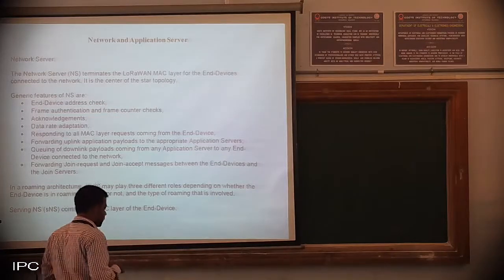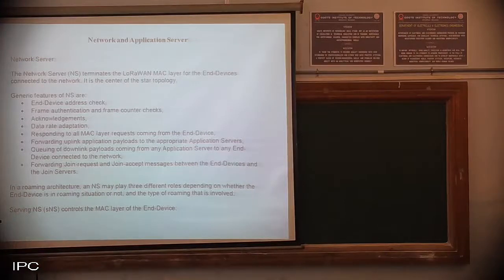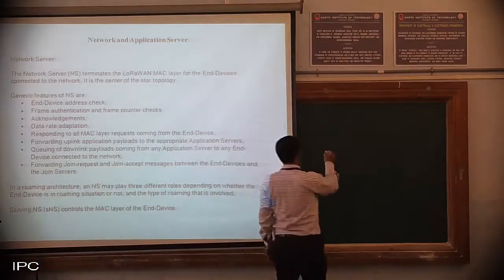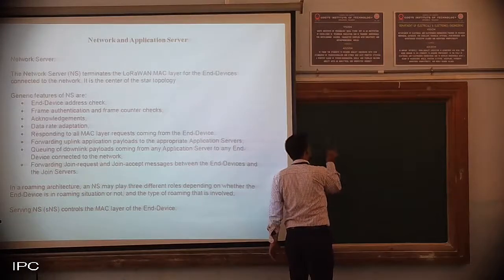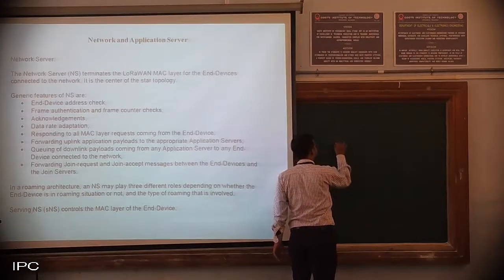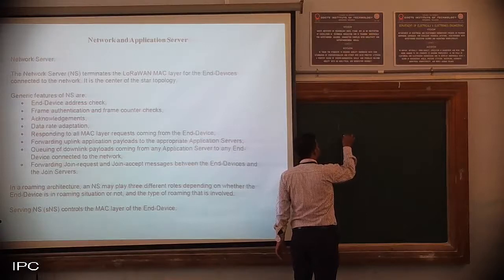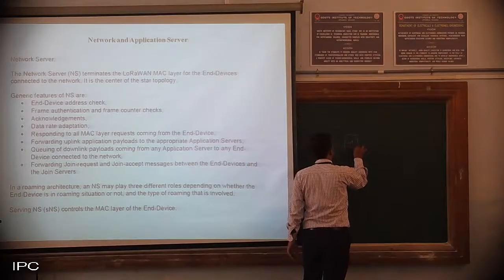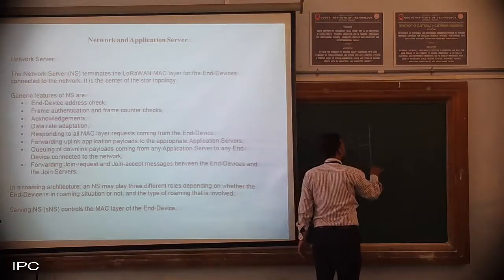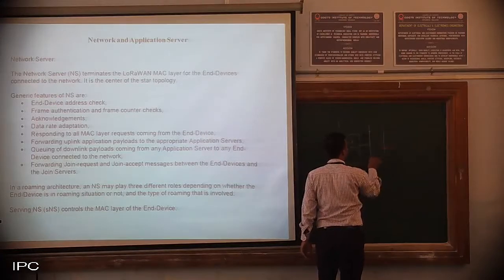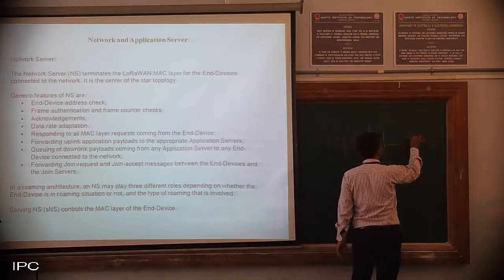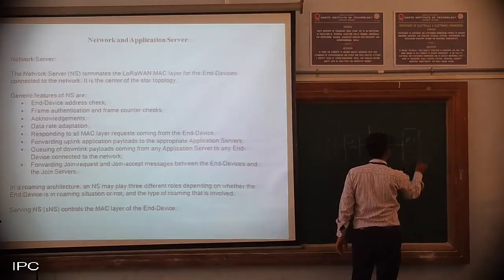Here, first the end device part will be there. This is the first layer, and from here data will reach the gateway, and from the gateway it will reach the network server, and then the application server or the join server will be there.